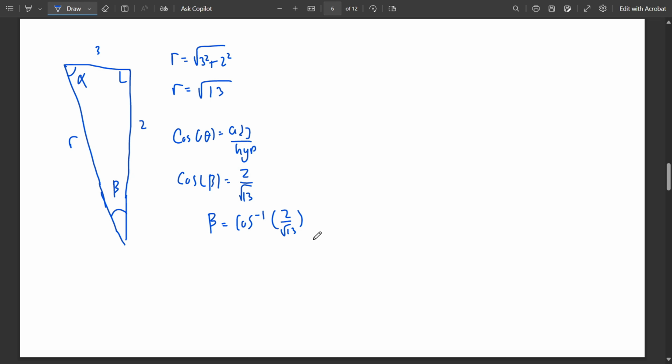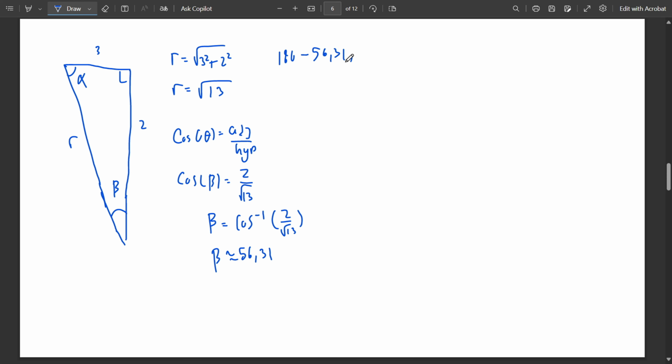And that's approximately, or beta is approximately 56.31. And, well, we found our beta. That's our beta, 56.31.